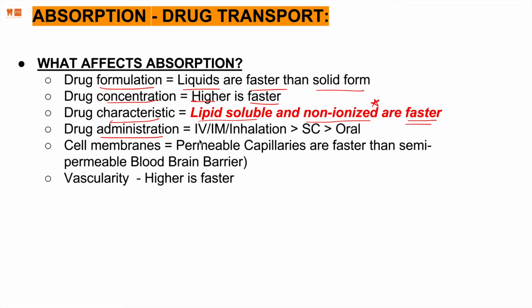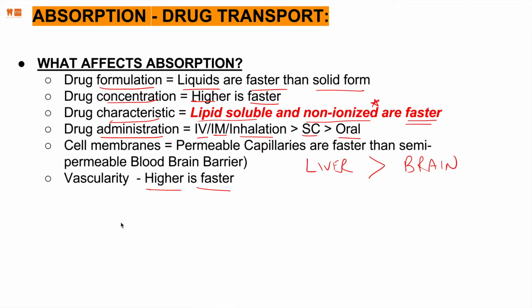Drug administration: IV, IM, inhalational will always be faster than subcutaneous and then faster than oral. Cell membranes: permeable capillaries are faster than semi-permeable. So the liver absorbs faster than the brain does.